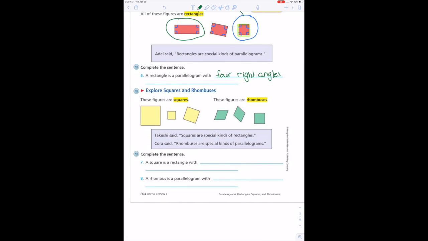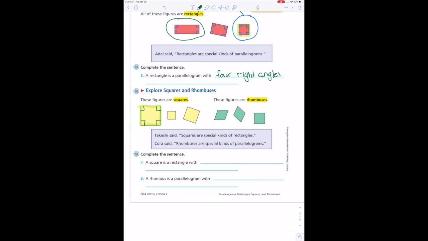These figures are squares, and these figures are rhombuses. Okay? So, again, a square has, let me get my highlighter, all the same sides are the same length. And they all have 90-degree angles. Okay? So, let's talk about how that's different than a rhombus.